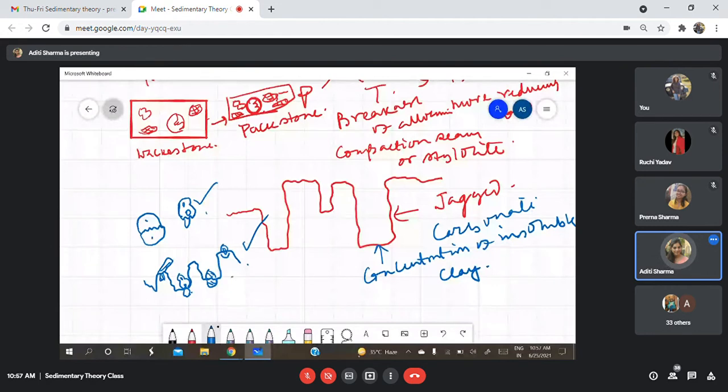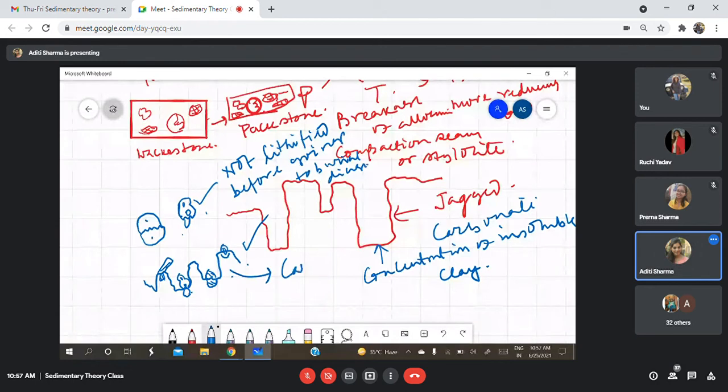This will form when the carbonate is not lithified before going to burial diagenesis. And this happens when the carbonate is early lithified and then goes into burial diagenesis.